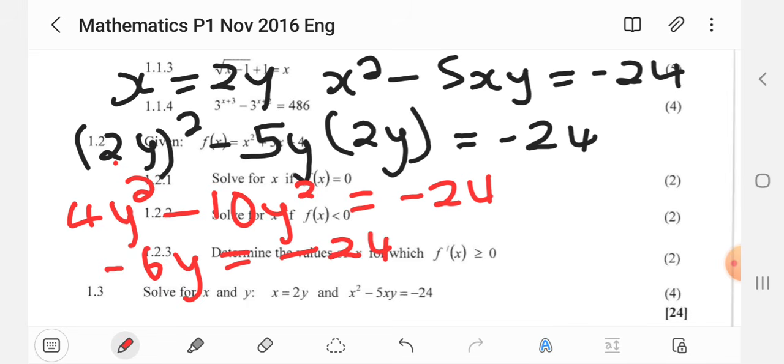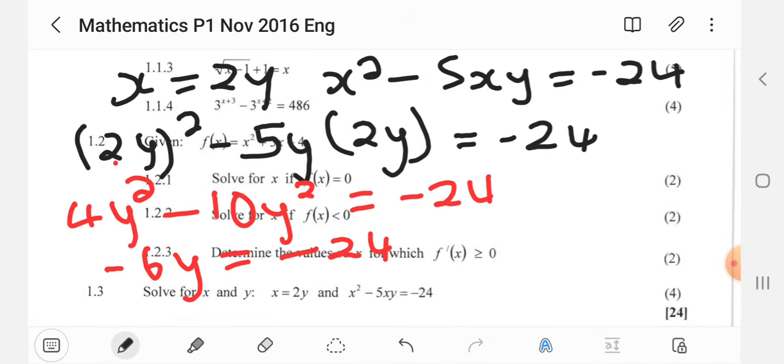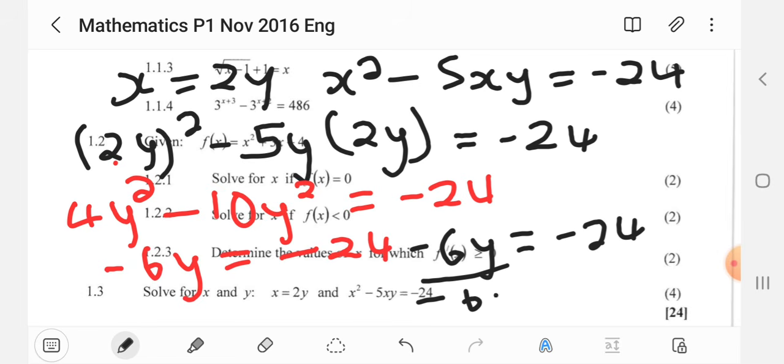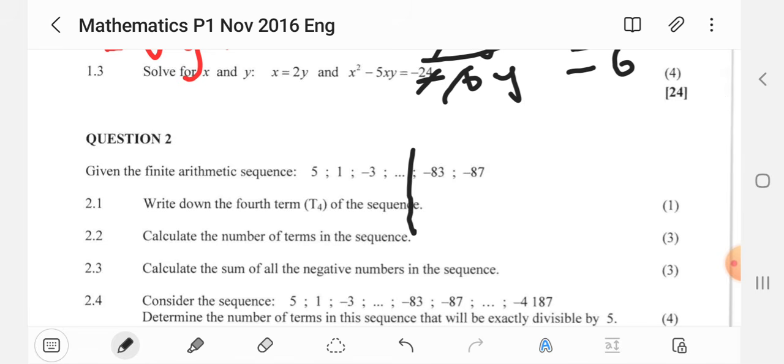While we are here, we need to get rid of the 6. So negative 6y squared equals negative 24. We divide by negative 6, so this will cancel, and the negativity as well.